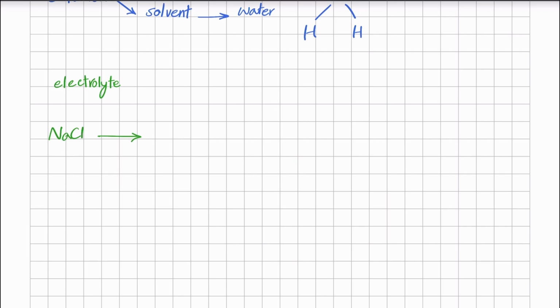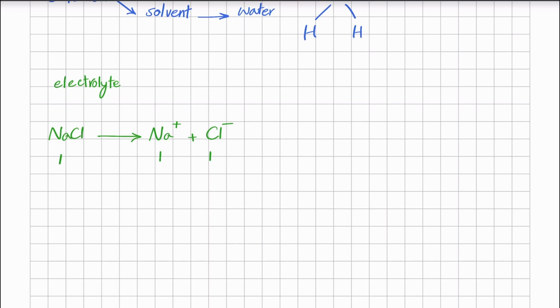When it gets into water, it dissolves into sodium ion and chloride ion, and both of them are soluble in water. You can't see them. So we can say that each mole of sodium chloride gives us 2 moles of ions, which are sodium and chloride.